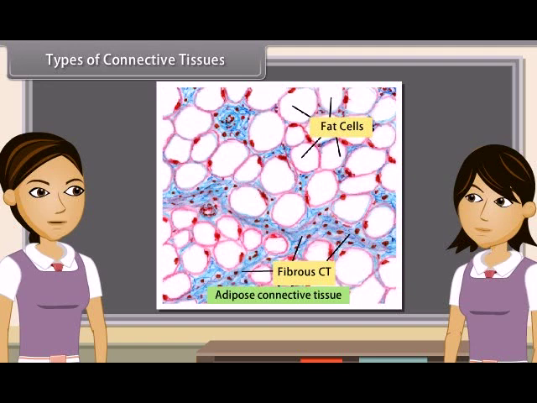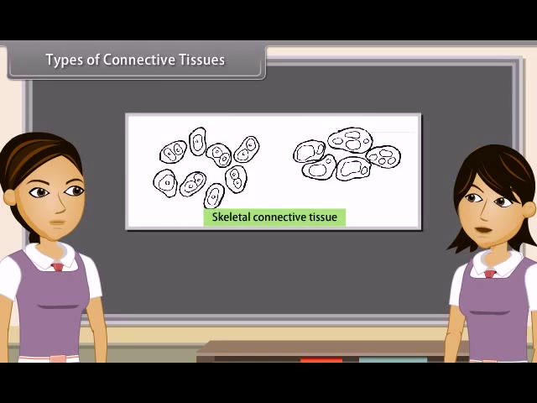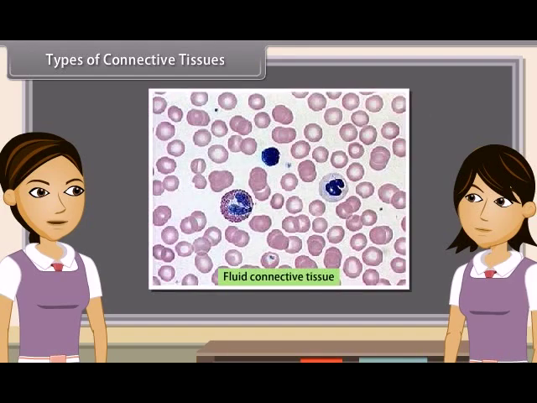These fat cells are oval or round, filled with a large droplet of fat. Skeletal connective tissue contains cartilage and bone, which form the endoskeleton of vertebrate body. Fluid connective tissue links the different parts of body and maintains a continuity in the body. It includes blood and lymph.